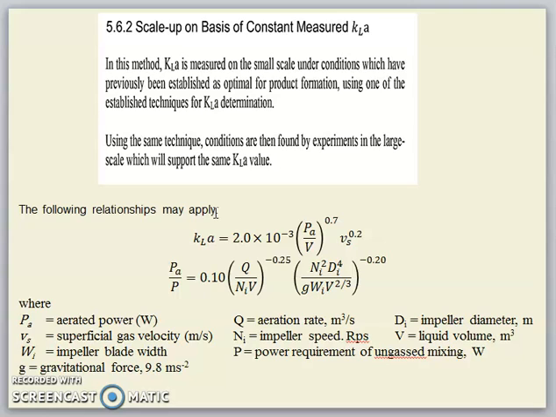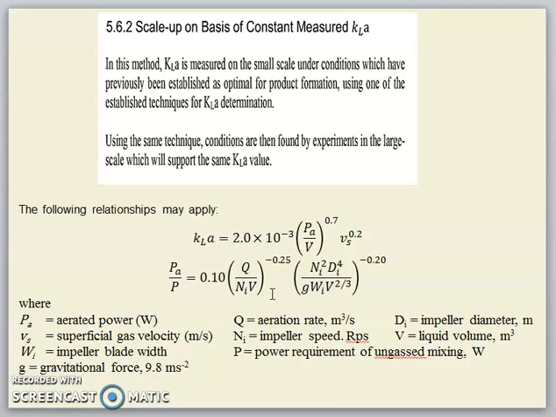First, you need to identify the mass transfer coefficient of the small scale, and then by using that value of KLa, you substitute in this Van't Riet equation, and then you may be able to calculate the dimension of the impeller required, as well as by using the volume of the larger reactor.